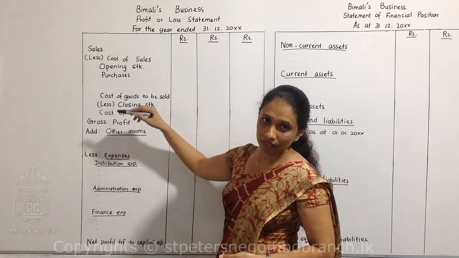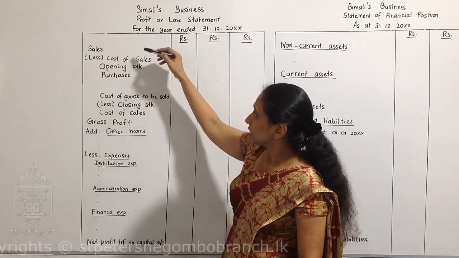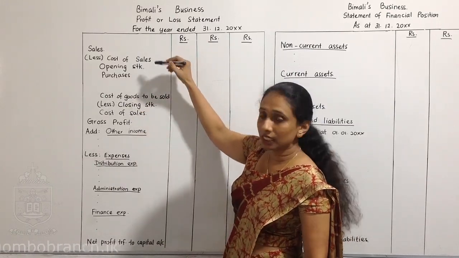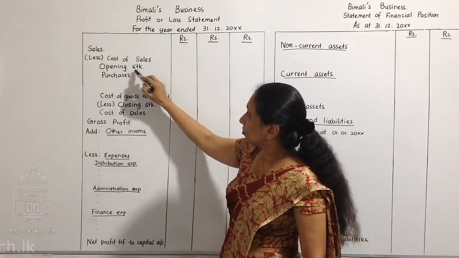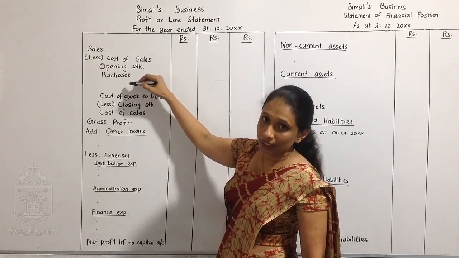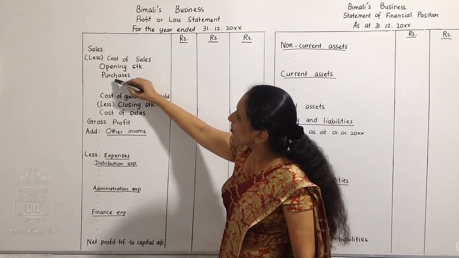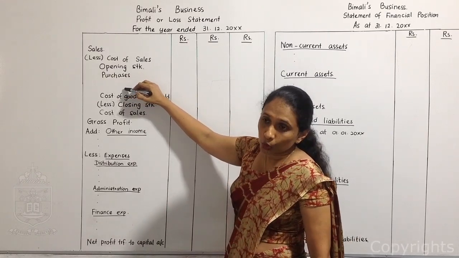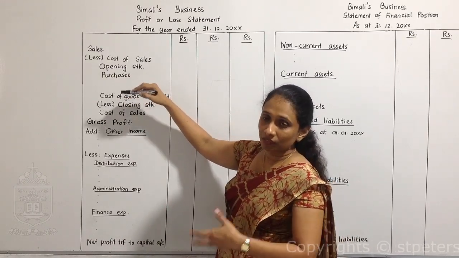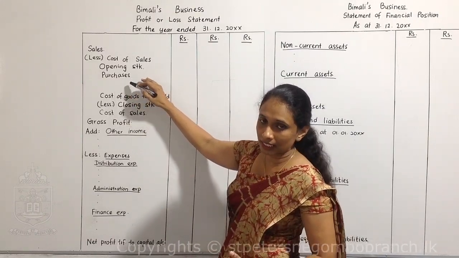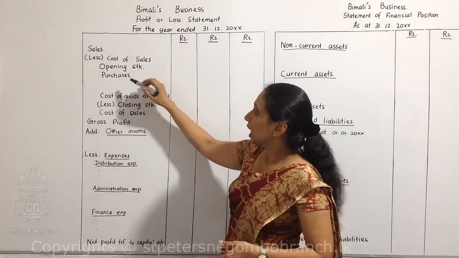Then we have the cost of sales figure. In order to arrive at the cost of sales figure, definitely we need the opening stock, so I have marked the opening stock here. Purchases I have also already mentioned, and I have left some space in case there are any other purchases related expenses coming in.